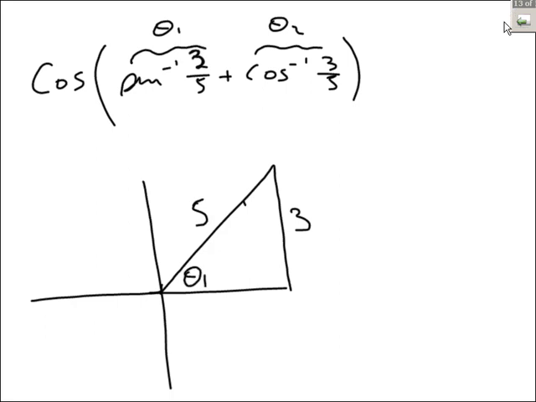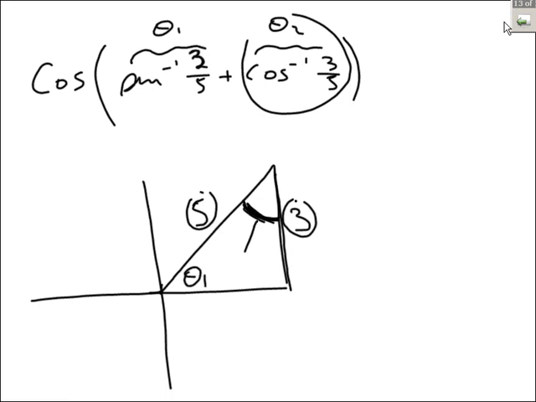But the cosine of theta 2 is 3/5, and the cosine of this angle is adjacent over hypotenuse. With respect to this angle, this side is adjacent; after all, that would be the opposite. So this is theta 2. And then you should say, aha, theta 1 plus theta 2 is 90, because if this is 90, the other two angles have to add up to the other 90.